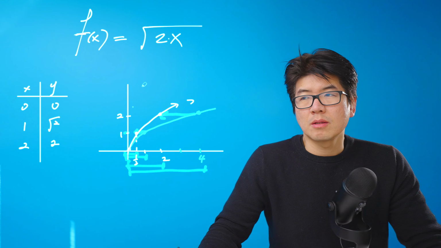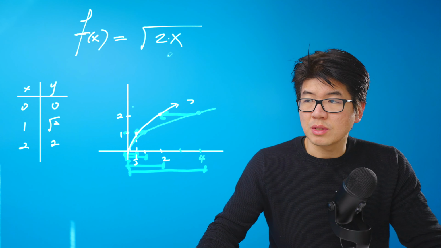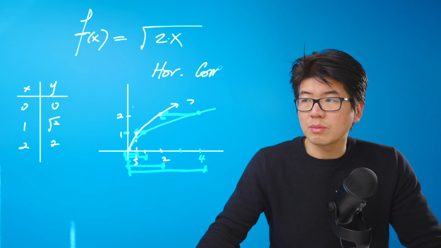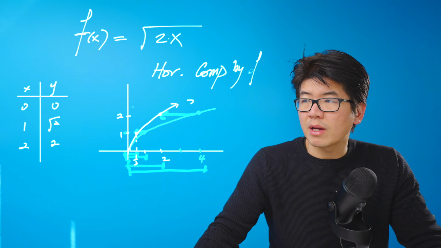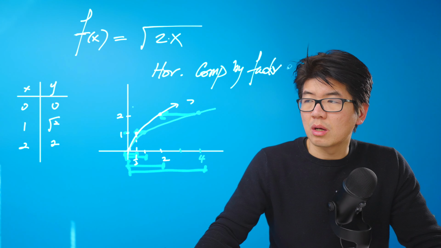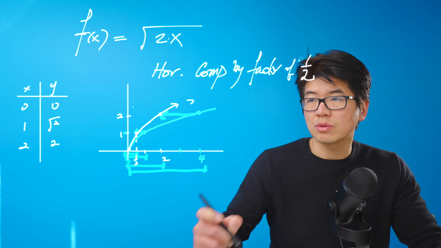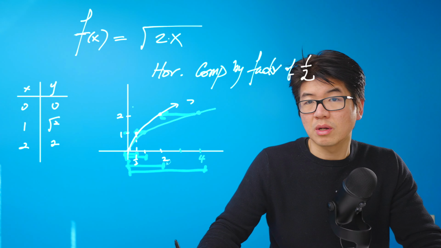So the wording is a little bit confusing, but the convention most textbooks follow is that we say this is a horizontal compression because it's compressing, and we say by a factor of half. We use a smaller half to describe what's happening to the horizontal lengths.